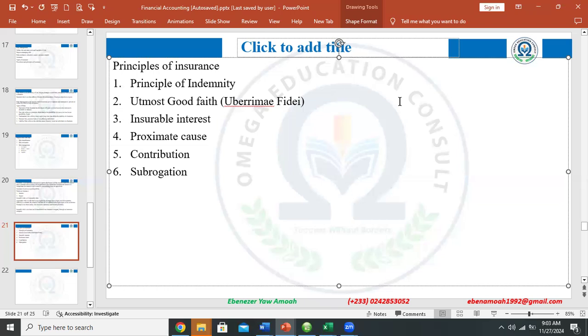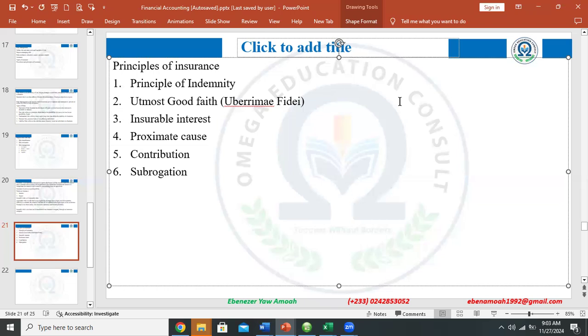So let's say that you have a car, you were driving and then another driver hits you. You have made an insurance. So the insurance company will come in to pay you. After that, it is the right of the insurance company to chase that driver who was driving recklessly to claim some compensation from him or her.